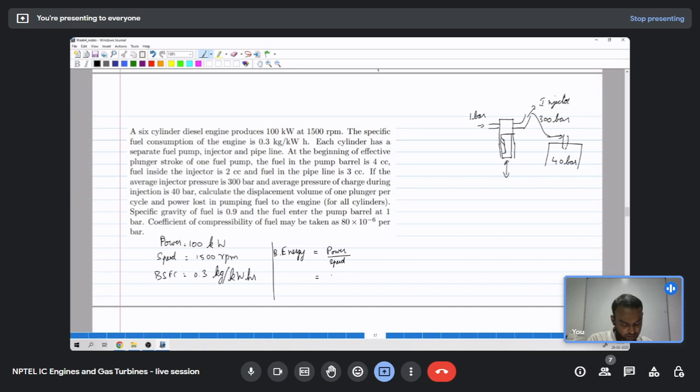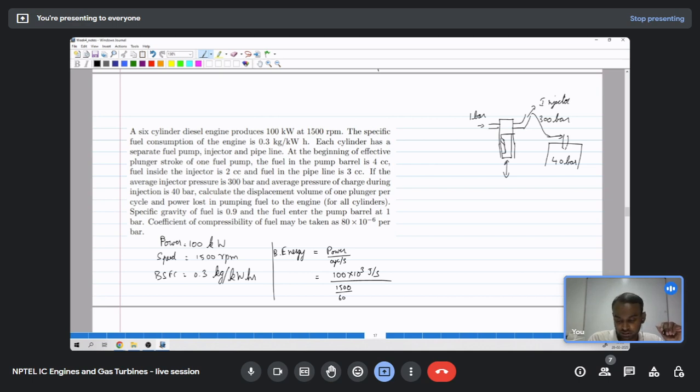So here power is 100 into 10 power 3 watts or joules per second, and we have speed here 1500. Actually this is cycles per second. So we have 1500 revolutions per minute. That means we will divide by 60 to get revolutions per second.